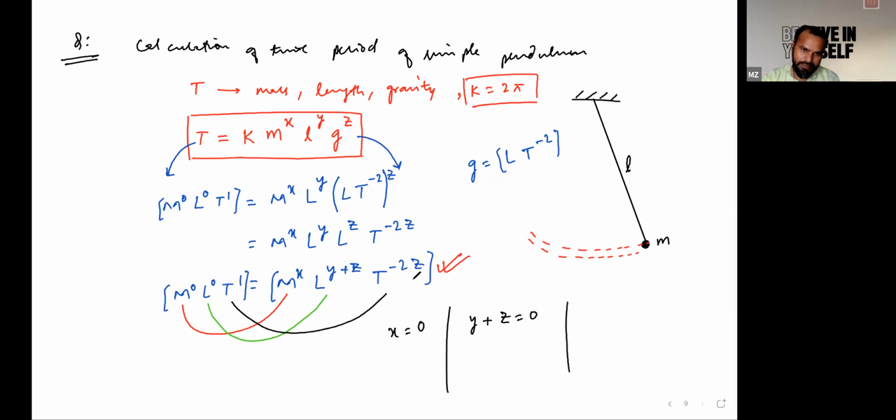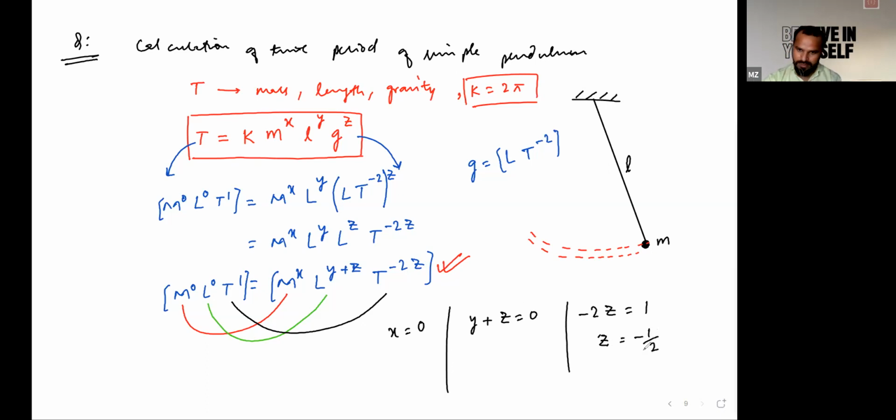And for the third part, minus 2Z is equal to 1. So from this, we can write Z is equal to minus 1 over 2. Is it clear to everyone? Yes, sir.